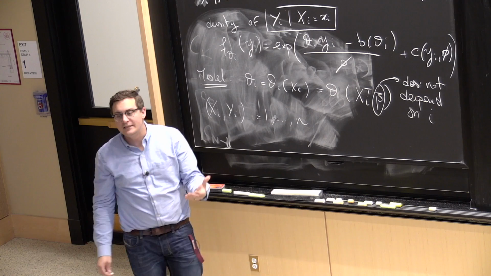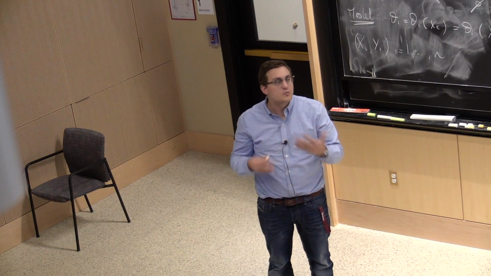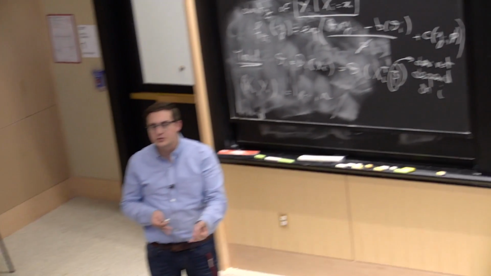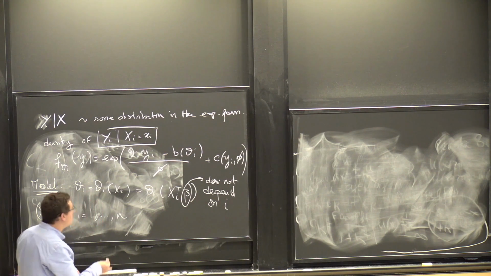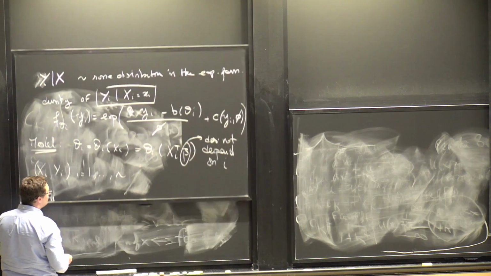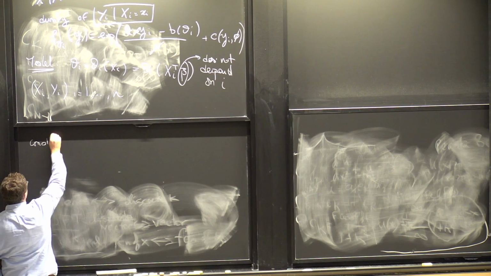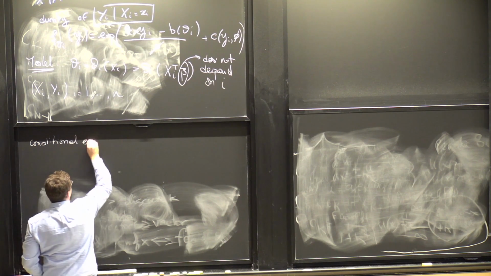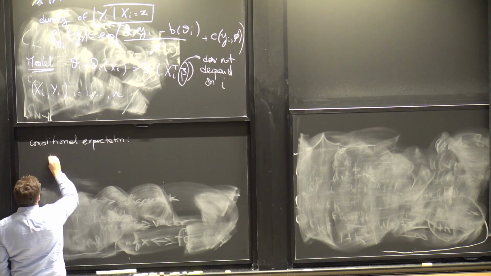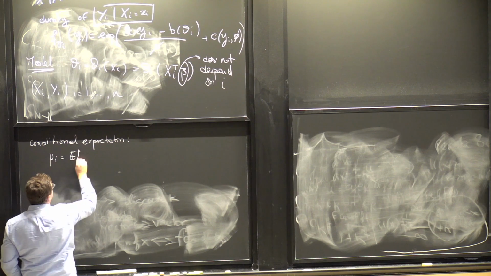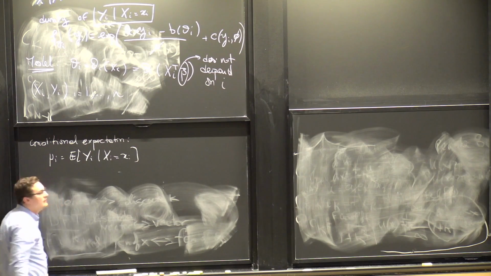I said this is this distribution. When we're talking about regression, I defined last time what a regression function was. It's just one particular aspect of this conditional distribution: the conditional expectation of y_i given x_i. This conditional expectation I will denote by mu_i, which is the conditional expectation of y_i given x_i equals some little x_i.